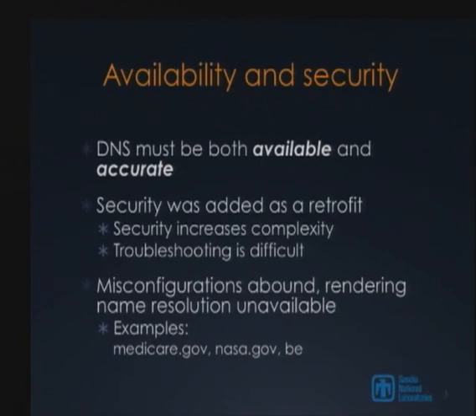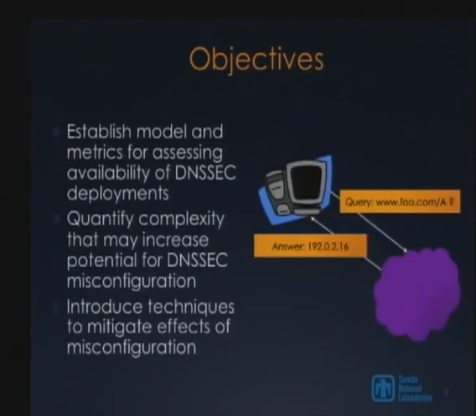So here are some of the examples of failures that we've seen: Medicare.gov, NASA.gov, .be, which is a top-level domain. Some of the objectives in the talk today are to look at DNS and DNSSEC, establish a model and some metrics for actually measuring availability in DNSSEC deployments, and then take a look at some of the reasoning behind why some of these misconfigurations happen that cause availability issues.